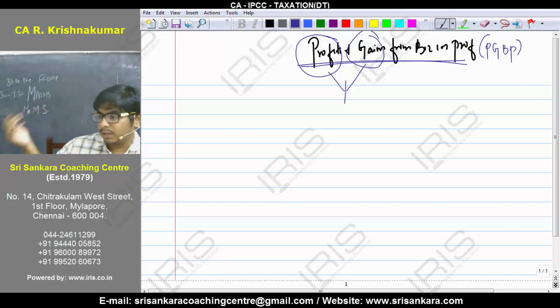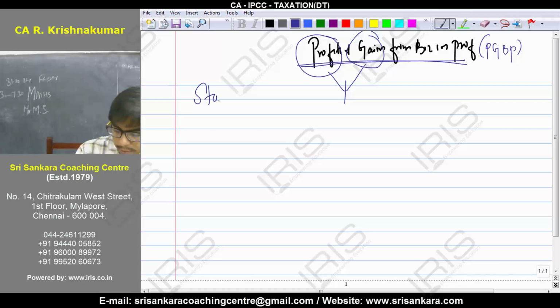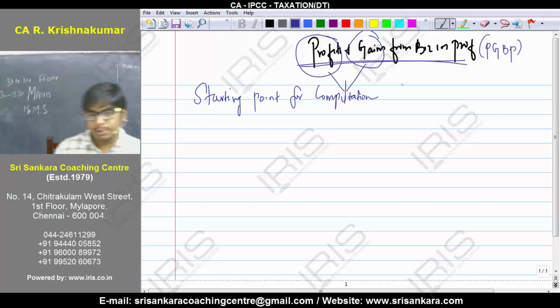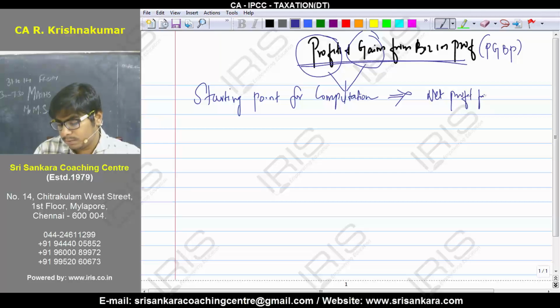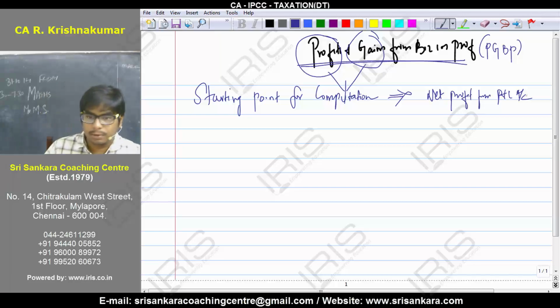You should not take the turnover. The starting point for computation in any PGBP problem is the net profit from the P&L account. From the net profit, there are several adjustments, which are defined in the scope of this chapter.